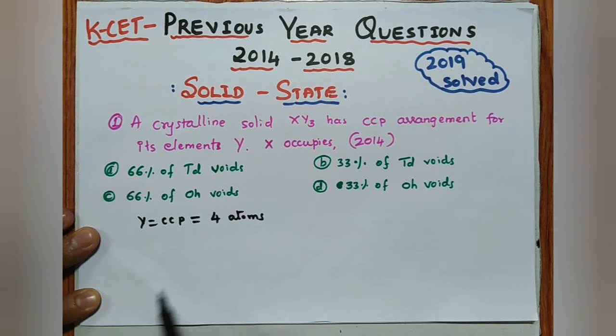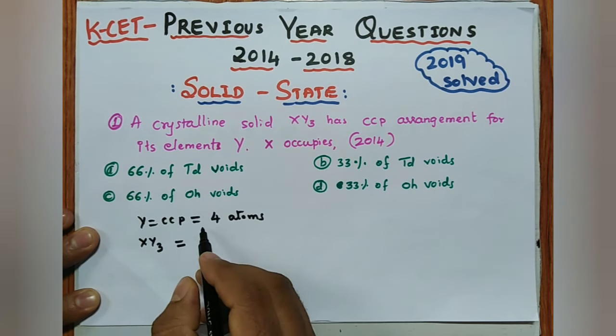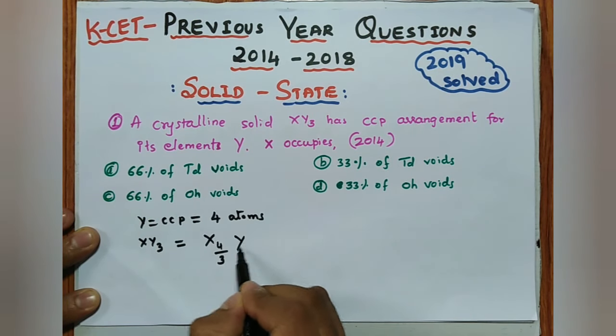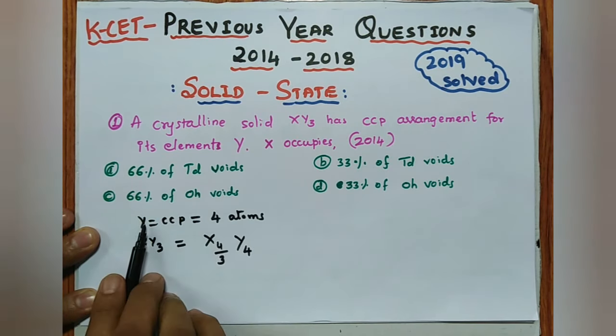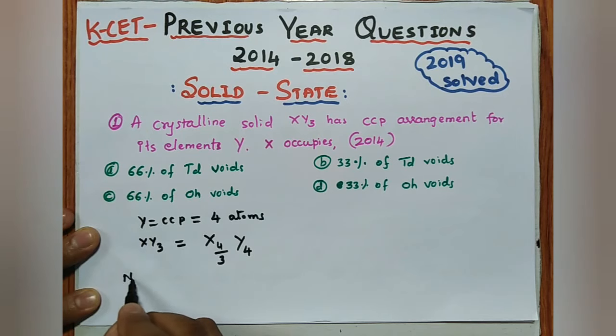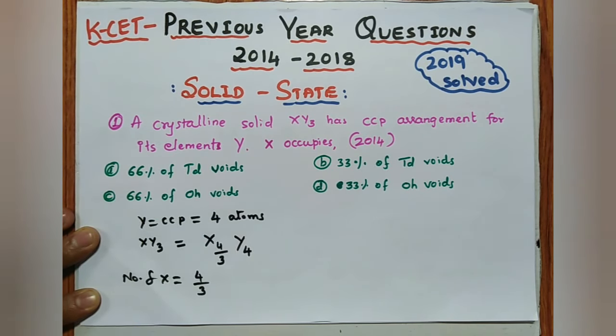We will solve that. This formula XY3 I will modify as X4/3 Y4, where Y4 is taken because it is CCP arrangement. Then X should be 4 by 3. Hence the number of X is equal to 4 by 3.